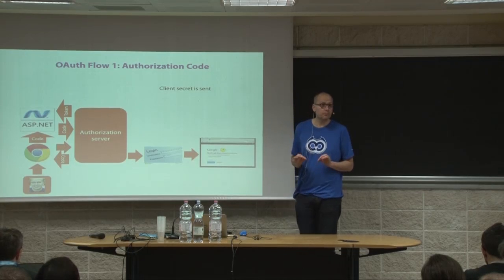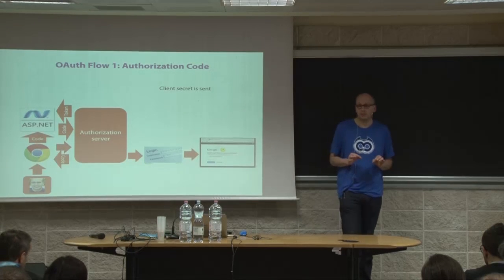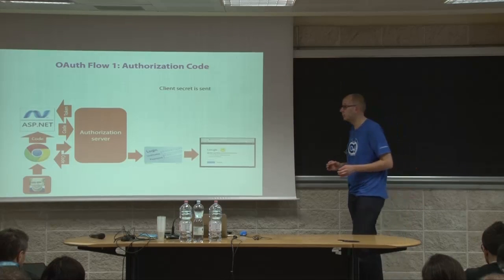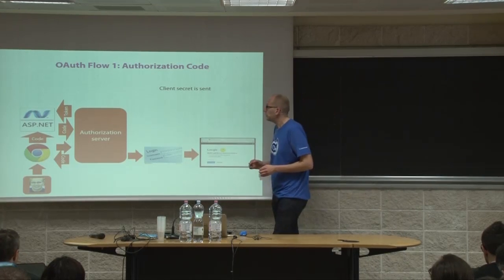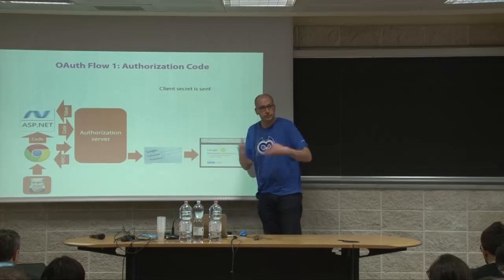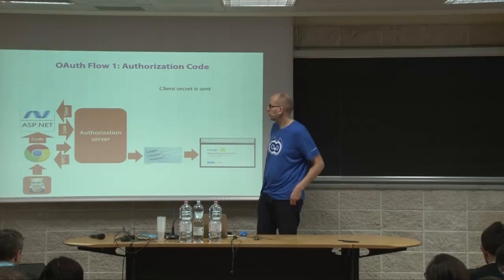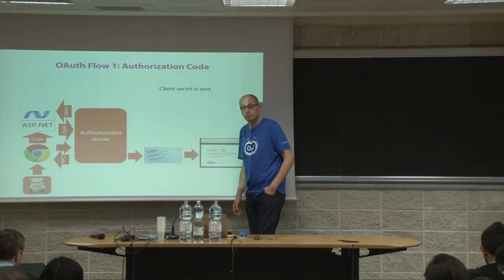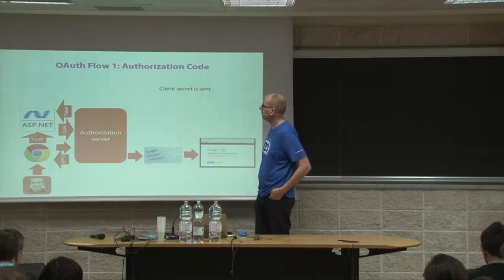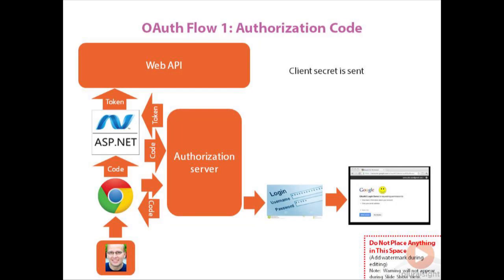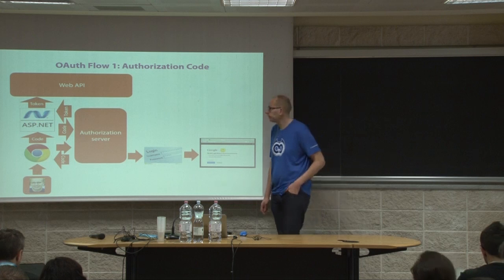That's a security measure. The token is never known in the browser, just the code. So you cannot do fancy stuff in the browser to get the token and decrypt it or whatever, because you don't have the token. The token is fetched by the client, and then the token is used to access the resources. Right?